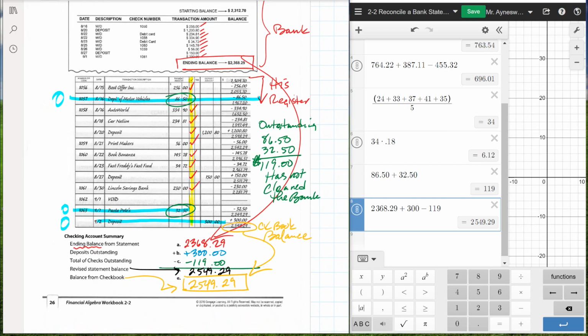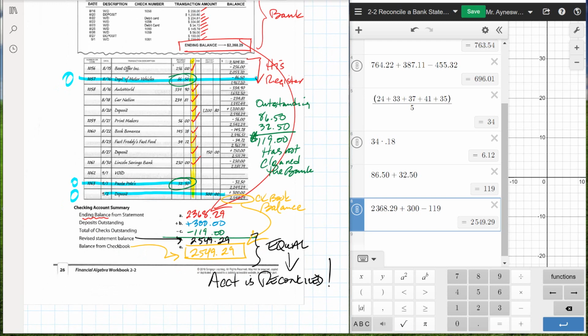Oh my goodness. Because these are the same, well, guess what? These are equal. That tells me that the account is reconciled. Okay, they match.